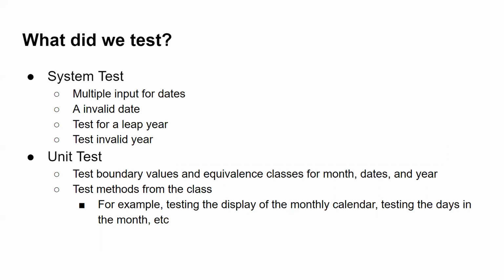Any date that is out of the bound of the month, and if the year is a leap year, that will be the boundary values. And also the months that are out of the bound of 1 to 12. We also tested the display of multiple events in a day. And we tested the case that if there are too many inputs at once.